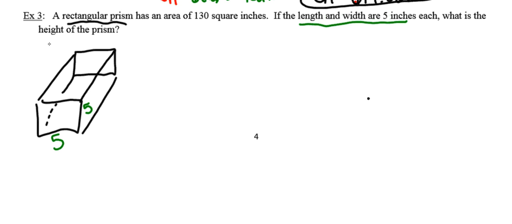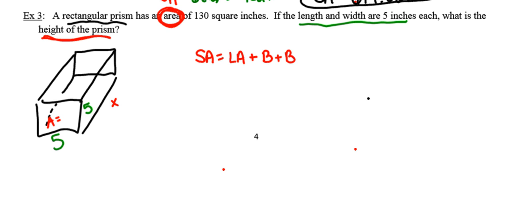And the height of the prism is going to be the distance between the two bases. I'm going to call that x. It doesn't say lateral area, so this is referring to surface area. I know the surface area is made up of the lateral area, plus the base in front, plus the base in back. If I consider the area of this base in front, its area is 25 square units, as is the area of this base in back.